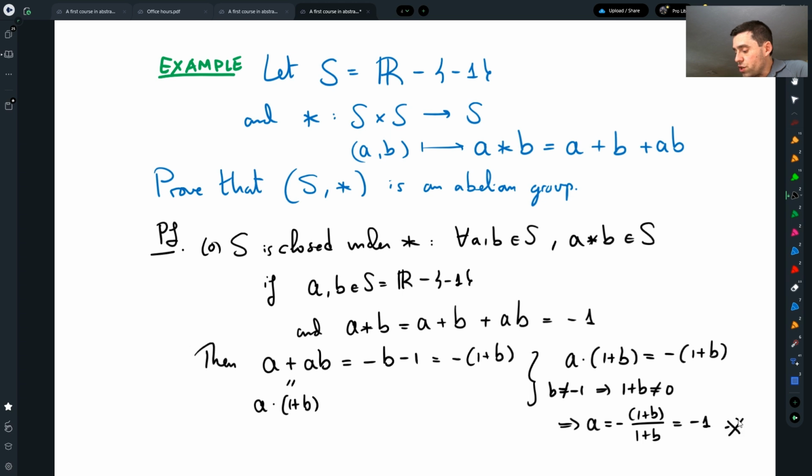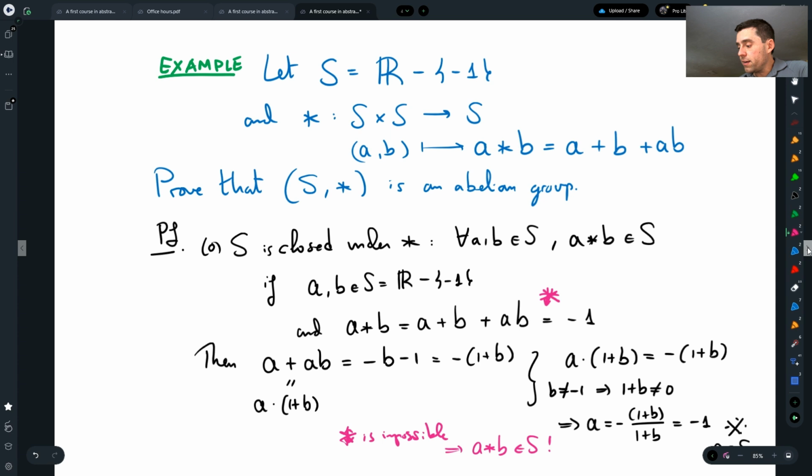So that is a contradiction because A is in S. So this step is impossible, and therefore A star B is in S. Okay, so the operation is closed in S.